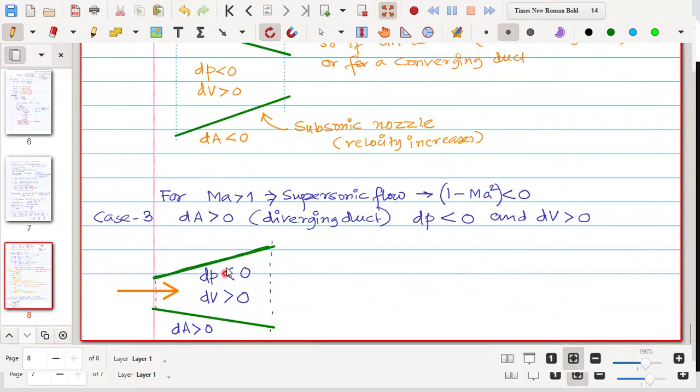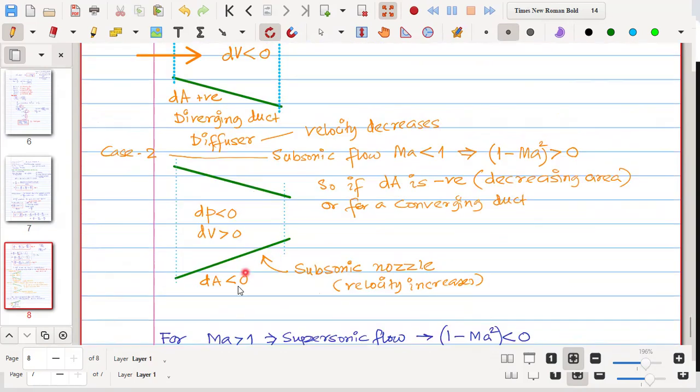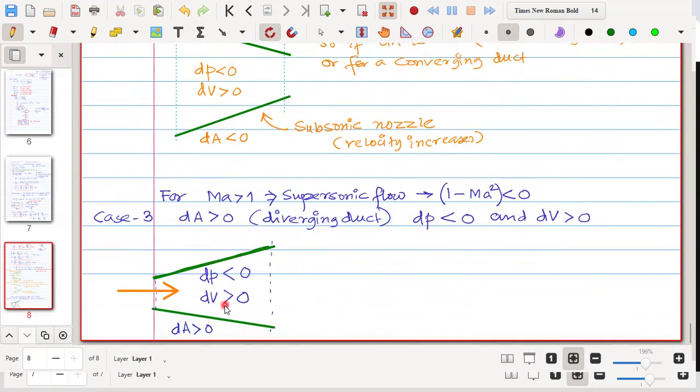For a subsonic case, the velocity will decrease, but for a supersonic case, the velocity will increase. The same geometry will act oppositely for subsonic and supersonic flow. So we will call this a supersonic nozzle.